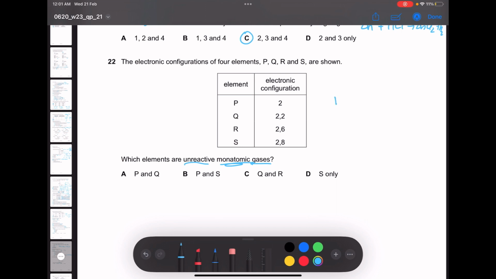Then 2 and 2, basically 4 electrons, is beryllium. Then 2 and 6, 8 electrons, is oxygen. 2 and 8, 10 electrons, is neon. So the unreactive monatomic gases are helium and neon. So it's P and S, it's B.